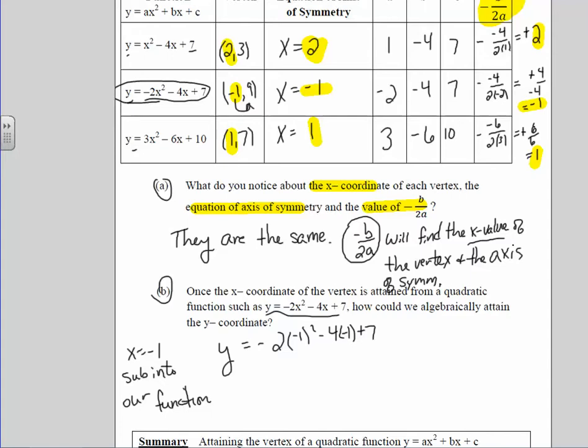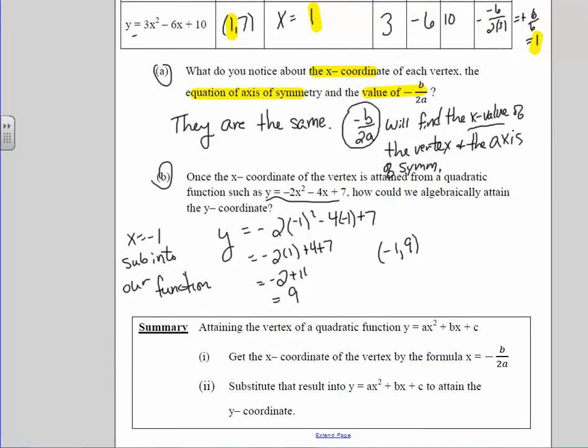So squaring a negative will give us a positive. So negative 2 times 1, and negative times a negative gives positive 4, plus 7. So negative 2 plus 11 is 9. So the vertex is negative 1 and 9. When the x value is negative 1, the y value is 9.